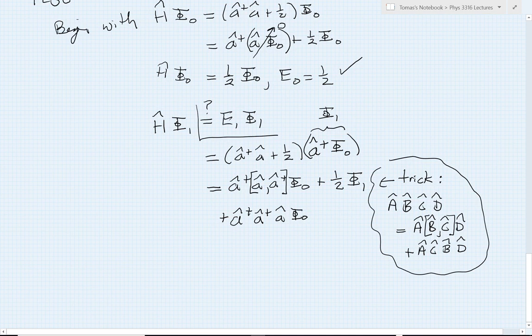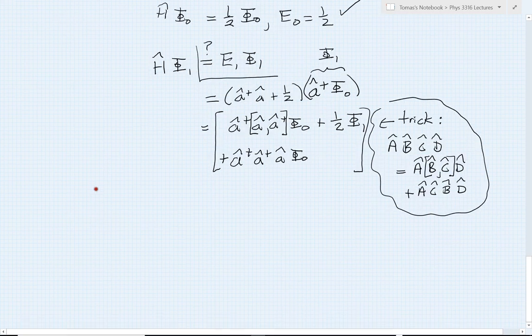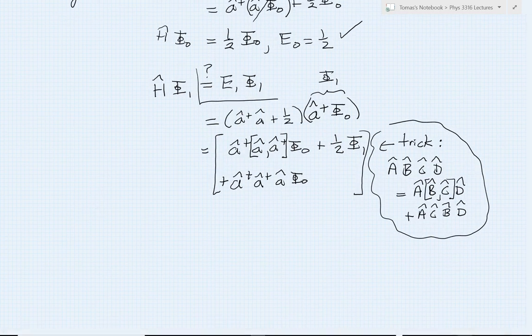So we now have ourselves with a nice equality, this whole thing, so I'm going to actually put some parentheses around it so we recognize that it's all of these terms now that I need. The sum of all these terms is the result of my Hamiltonian on phi 1. And it's looking pretty good, right?